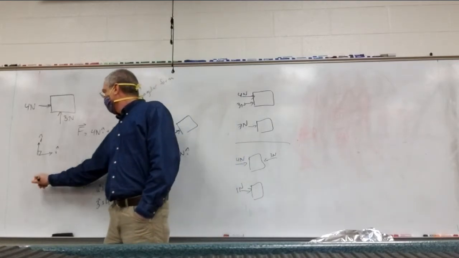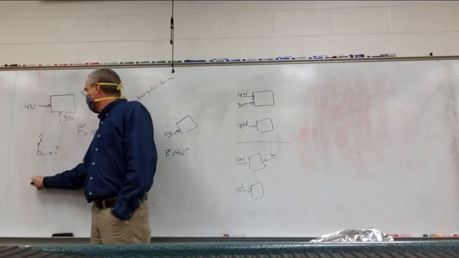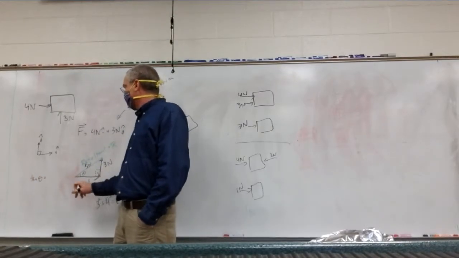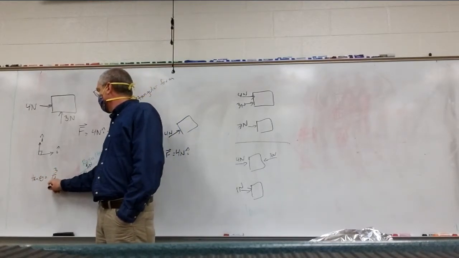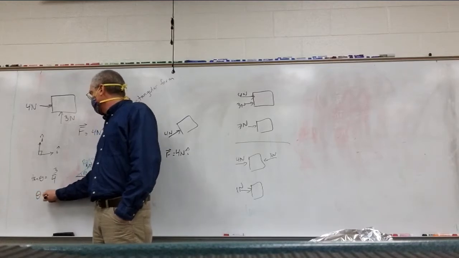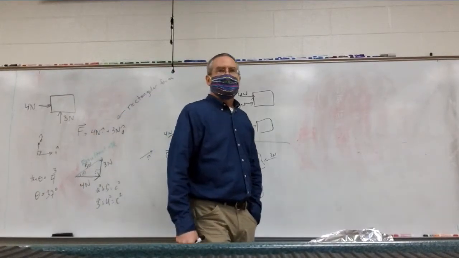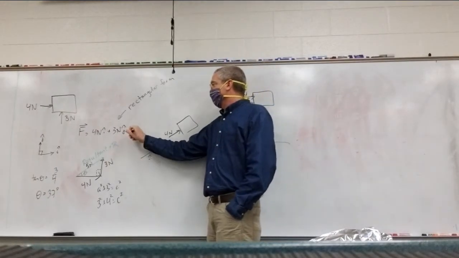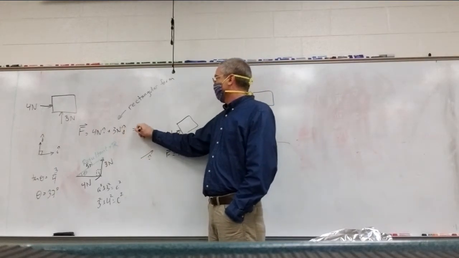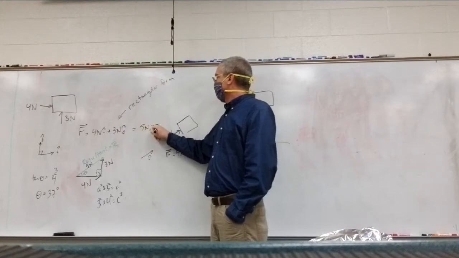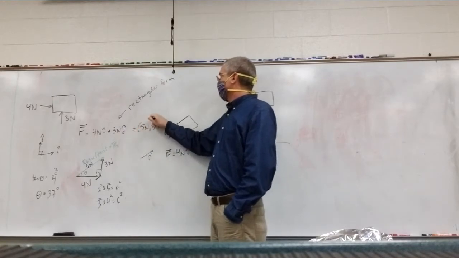So the tangent of theta is the opposite over the adjacent. And theta, you'll find, ends up being around 37 degrees. So properly, if I wrote this in polar form, I would write it as 5 newtons, 37 degrees. So this is polar form.